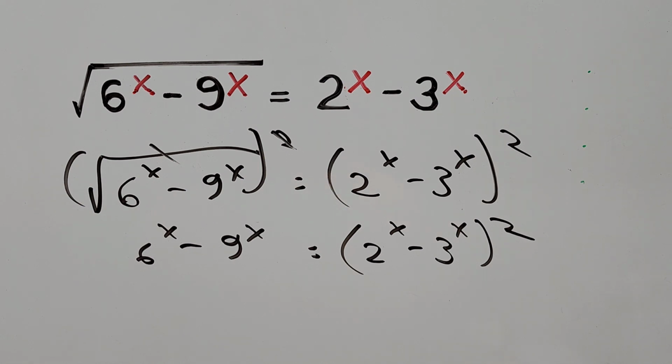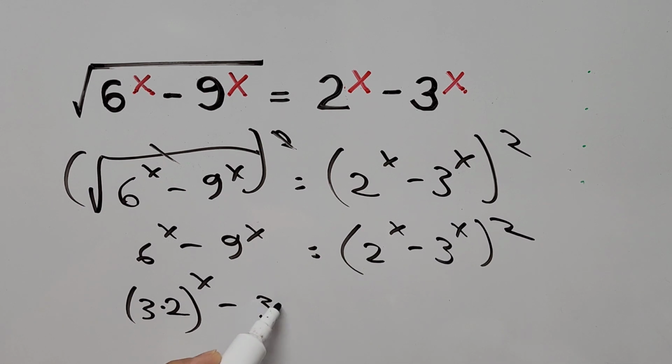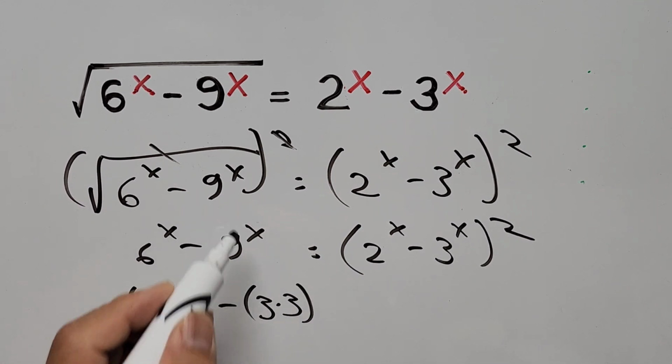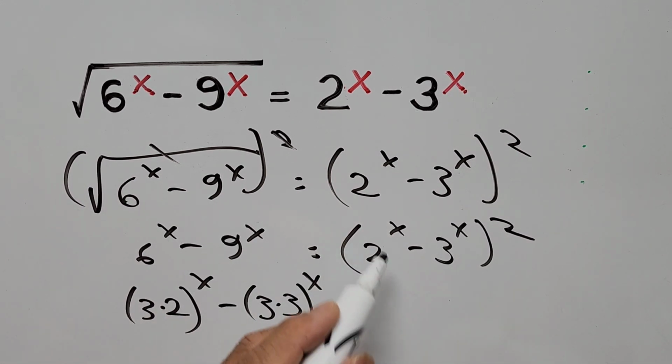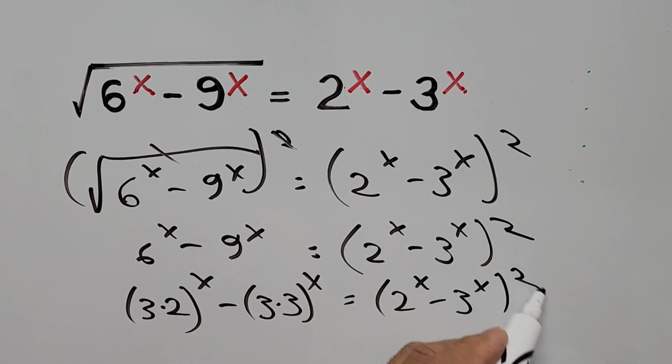Alright, so the left hand side becomes: base 6 is equal to 3 times 2 to the power of x, and base 9 can be written as 3 times 3 to the power of x, and this is equal to 2 to the power of x minus 3 to the power of x squared.